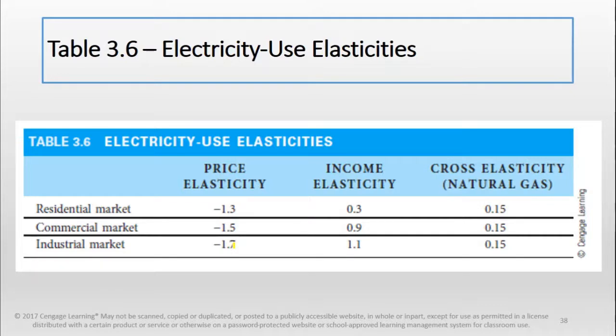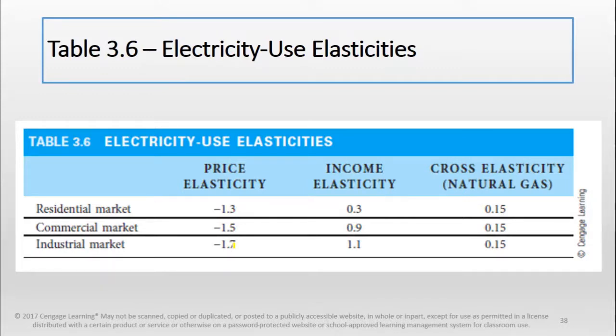So if there is even a small change in the price of your electricity, since you use a lot of it, you are more likely inclined to find a substitute. So in that case, you would prefer to use the substitute. In this case, it is natural gas.